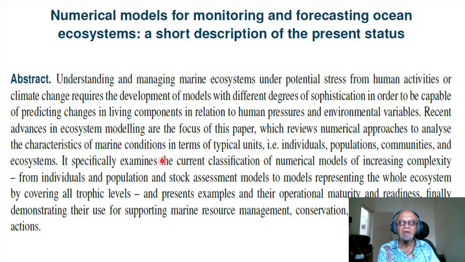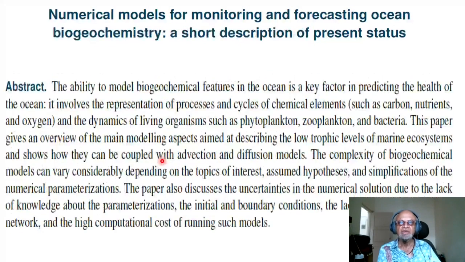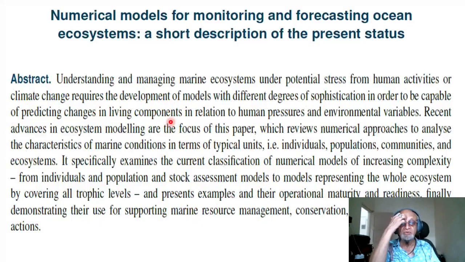Numerical models for monitoring and forecasting ocean ecosystems. So here we're talking about biogeochemistry. You are basically doing some lower trophic level ecosystem like phytoplankton, zooplankton, and bacteria, and then focusing on carbon, nutrients, and oxygen. So biogeochemical cycles for carbon, nitrogen, phosphorus, iron, etc. Whereas here you want to do ecosystems.